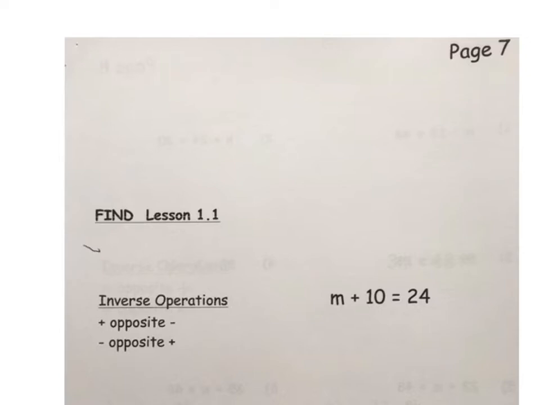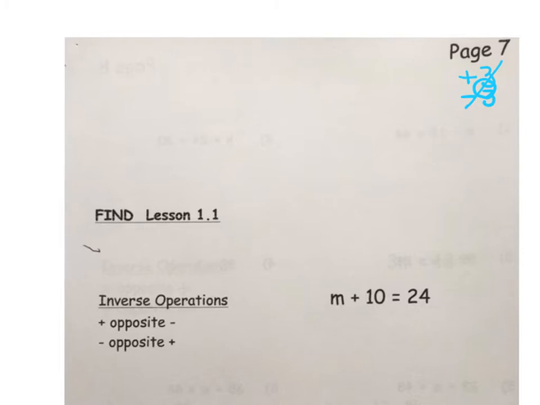Let's take a moment to discuss opposites or inverse operations. If you're given a gain of 3, the opposite is a loss of 3 or minus 3. These two opposites will always zero each other out.